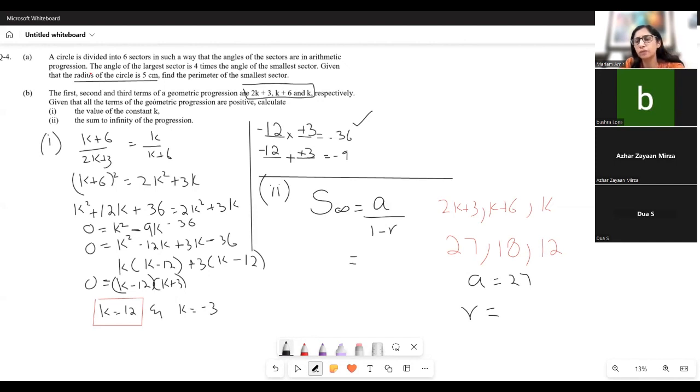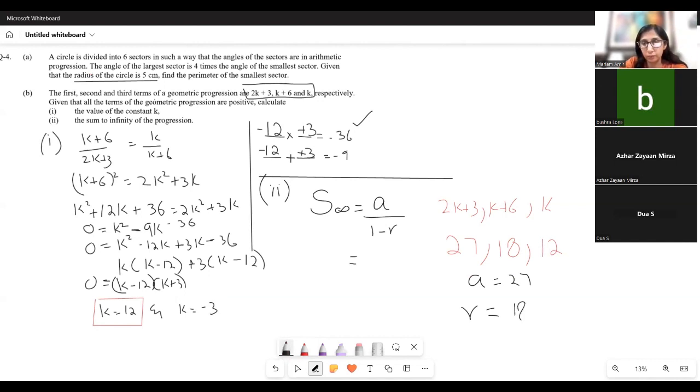How do we find r from two consecutive terms of a geometric progression? Next term over previous. Yes. Second term over first term, or third term over second term, or any next term divided by its previous term.